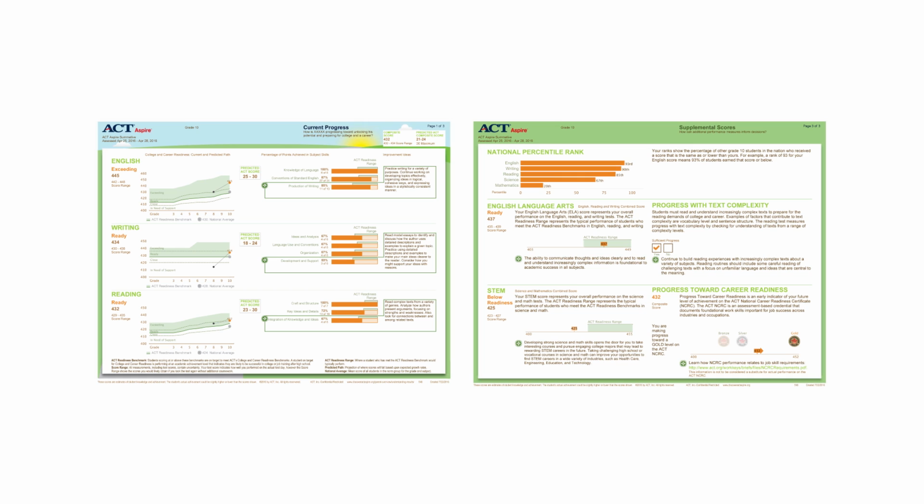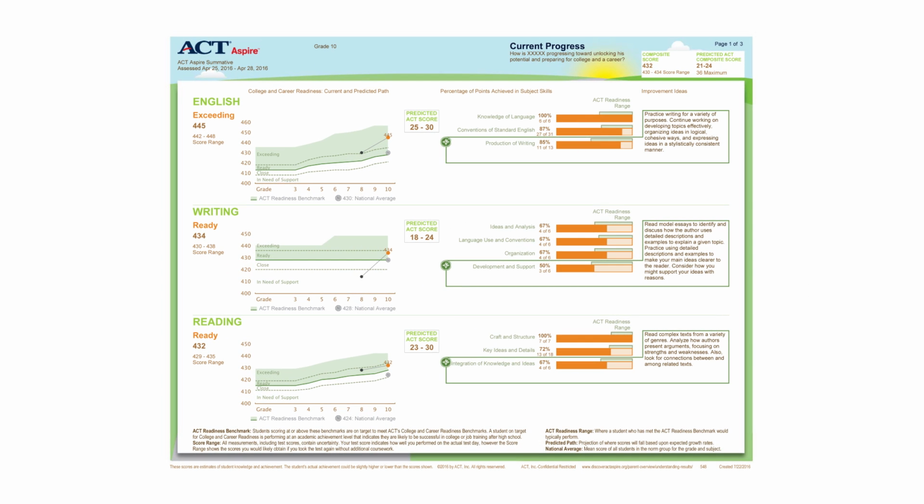You will receive 2 reports for your student for ACT Aspire. The current progress report shows how well your student is progressing toward being college and career ready. On the current progress report, you will see each subject, their readiness level, a scale score, and a predicted path for their future administration of the ACT Aspire.